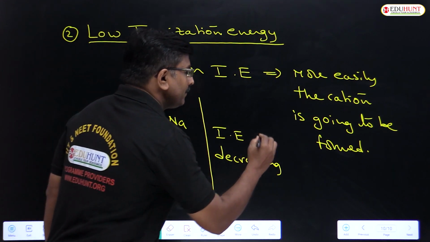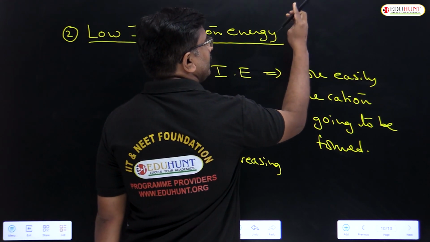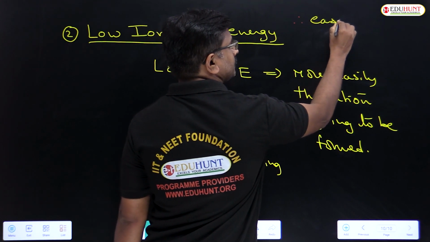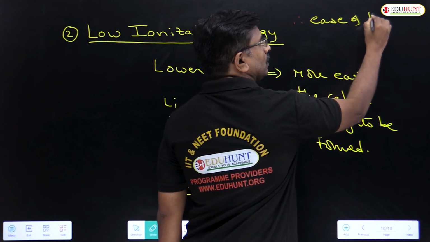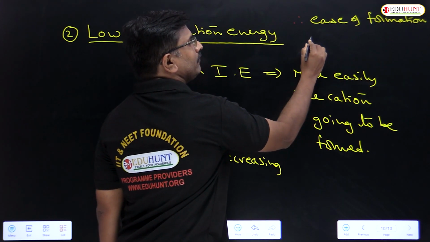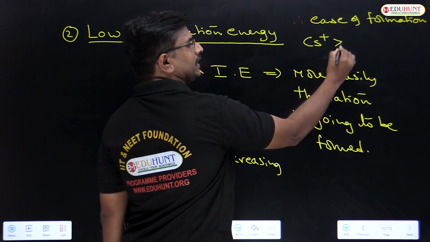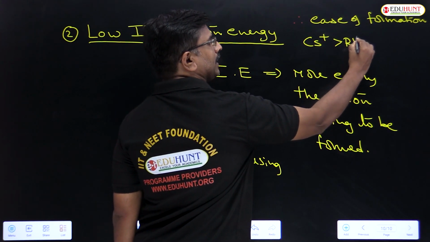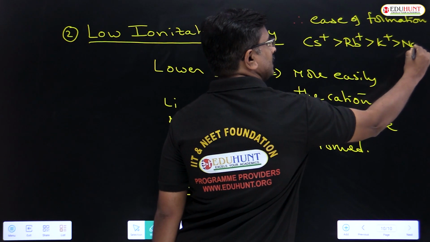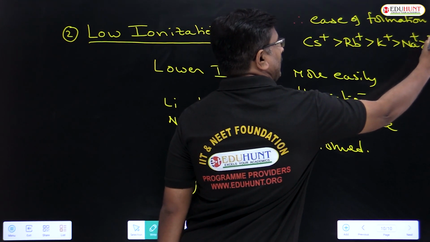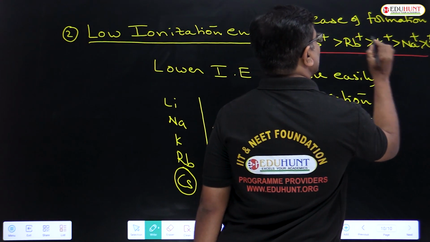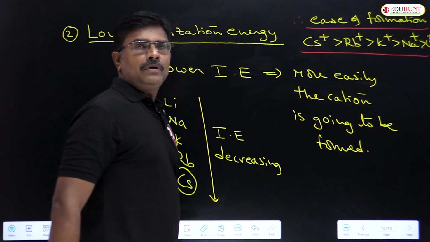Therefore, I am writing here, the ease of formation of cation: Cs plus is greater than Rb plus, then K plus, then Na plus, then Li plus, dear students. So please observe, this is our ease of formation.